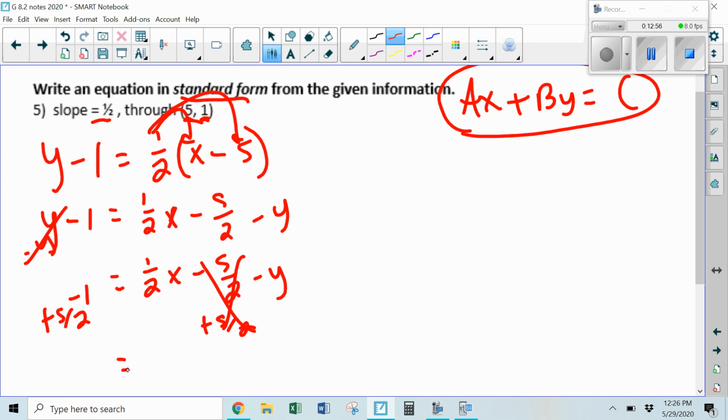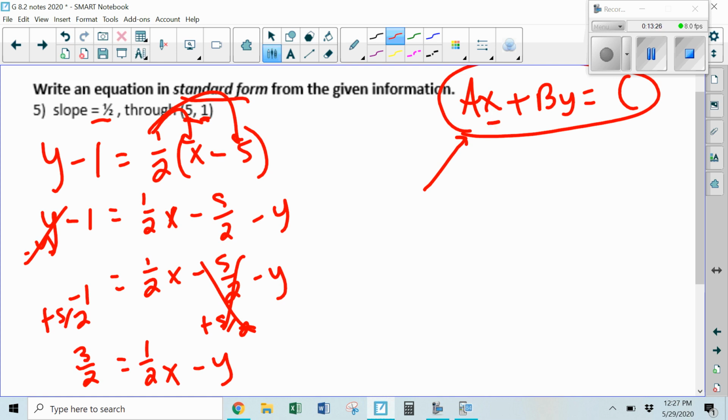So again, grab your calculator. -1 plus parentheses 5/2. We can turn it into a fraction. 3/2. Pause the video if you need to. On the right, I'm left with 1/2 x and the minus y. This is in this form.